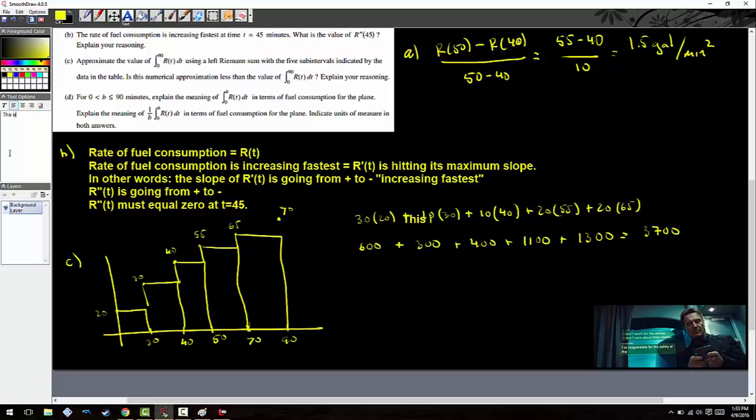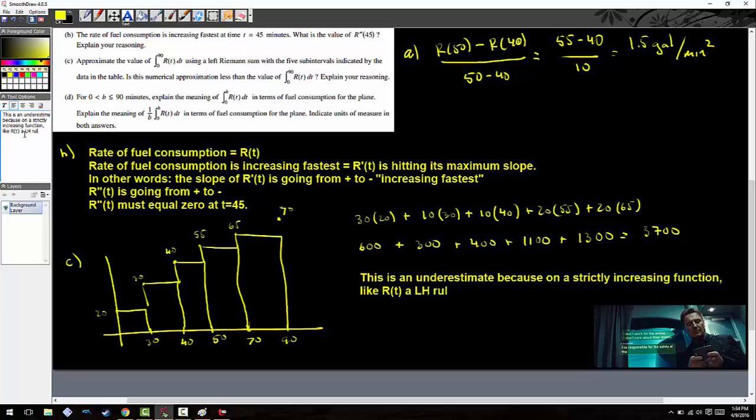Because, on a strictly increasing function like r of t, a left-hand rule will be under the curve.